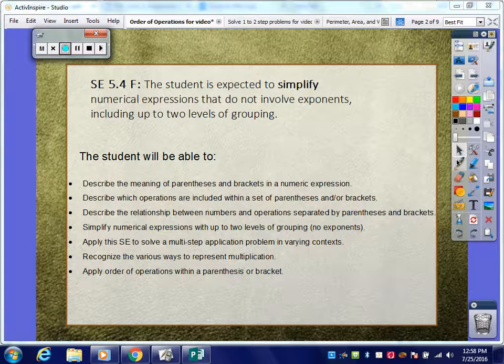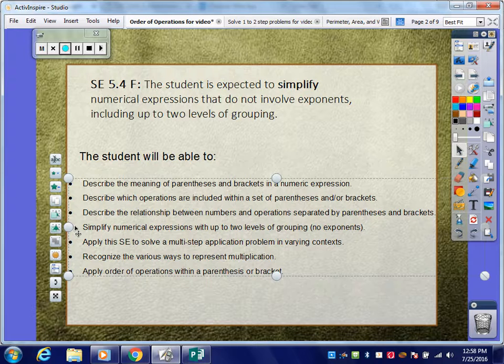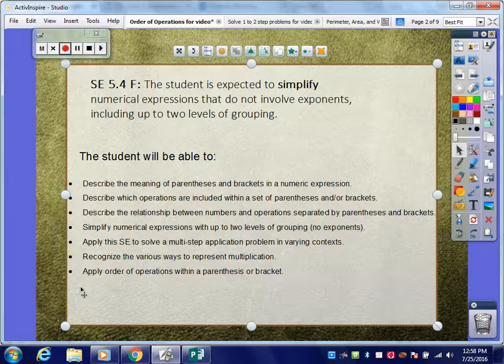So by the end of the unit, you will be able to describe the meaning of parentheses and brackets in a numerical expression, describe which operations are included within a set of parentheses and or brackets, describe the relationship between numbers and operations separated by parentheses and brackets, simplify numerical expressions with up to 2 levels of grouping, but no exponents, apply this SE to solve a multi-step application problem in varying contexts, recognize the various ways to represent multiplication, and apply order of operations within a parentheses or bracket.